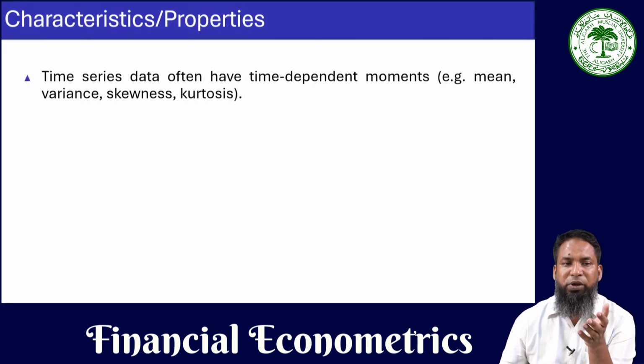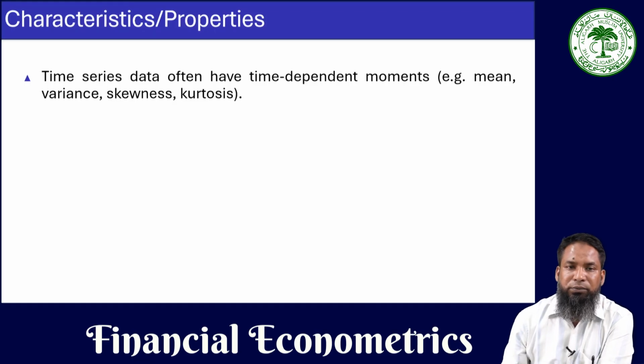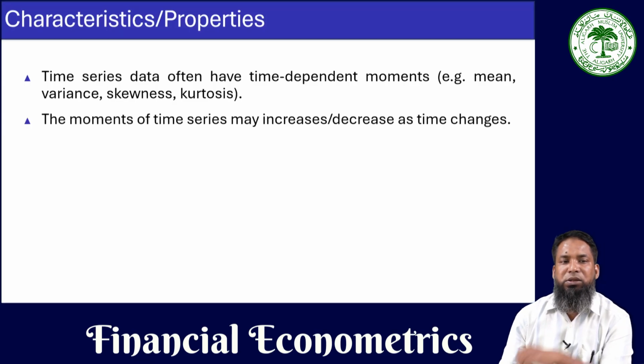So another property we have is that time series data often have time dependent moments. What do moments basically mean? Variance, skewness, kurtosis, these are the moments, and we use these things to characterize the data, to characterize the distributions, to specify the features of the distributions.